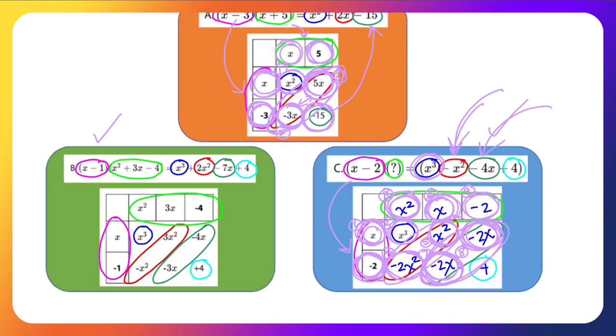And once I have the negative 2 here, times the negative 2 here, I get the 4, which we knew was coming, but that would be the 10th thing we could fill in.